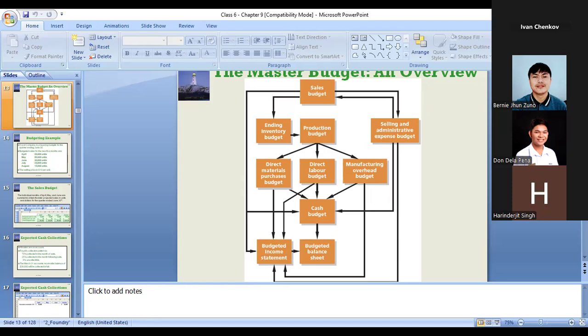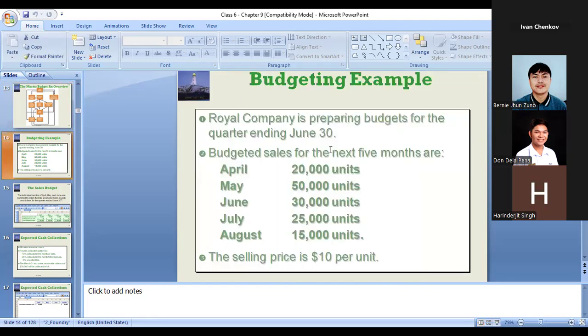So let's start with the slides. First, in order to start preparing the budget, we need some information. The information will be what our sales will be for the upcoming periods. So this company first prepared a budget for the quarter ending on June 30th.